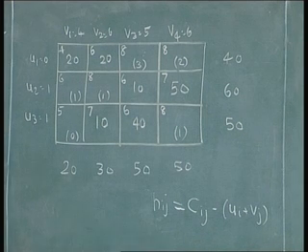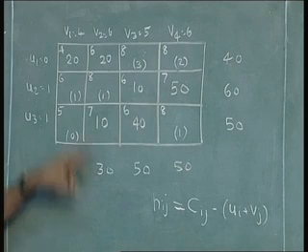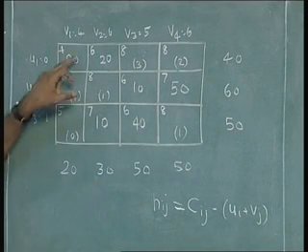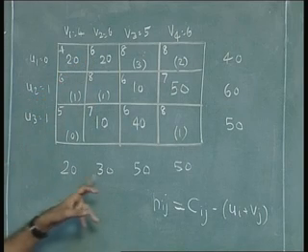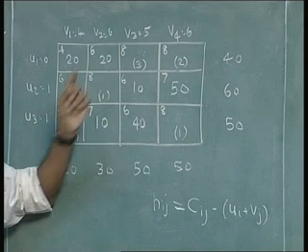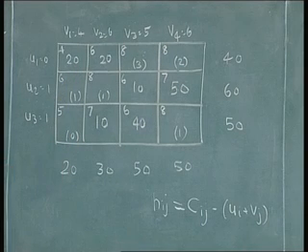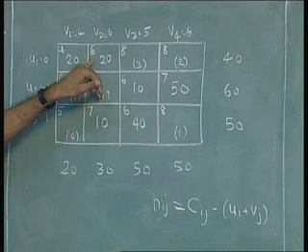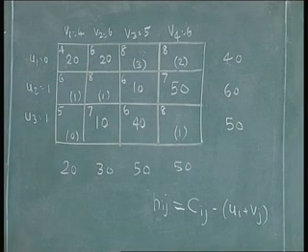Otherwise, if the third party person is willing to sell for something less than 6, then the person will lose, and if the person is willing to sell for more than 6, then this person will not be ready to buy from this person. So the competitive market will ensure that ui plus vj will be equal to Cij, where ui and vj are interpreted suitably as buying and selling respectively.